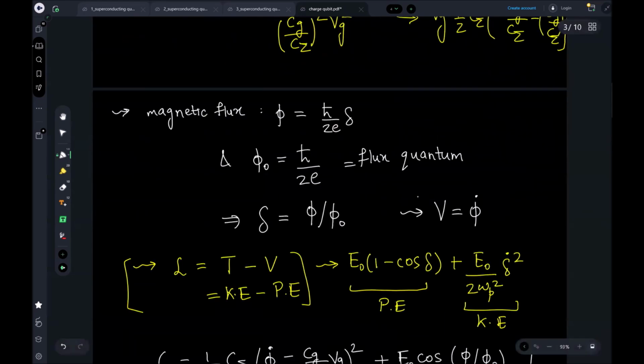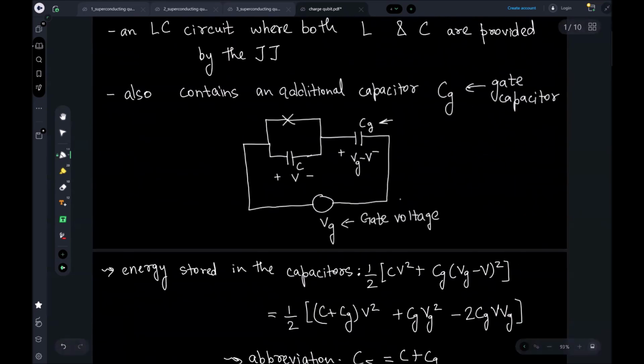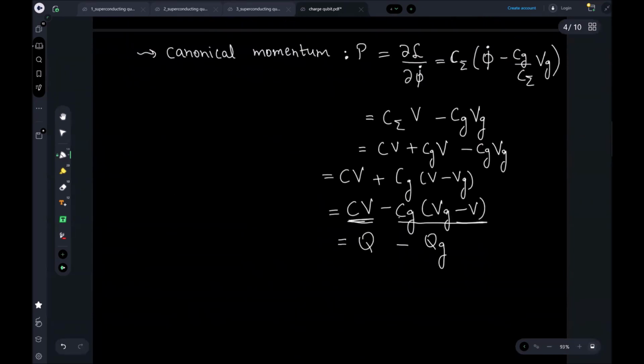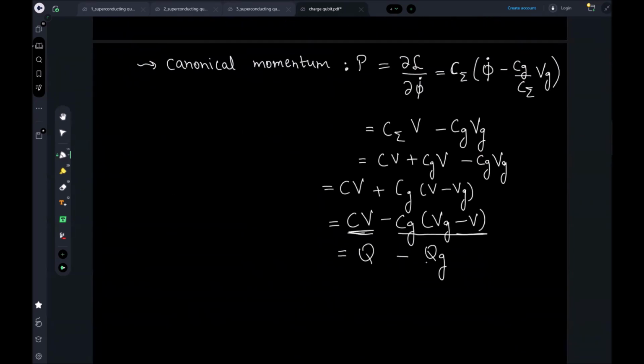And if you recall the circuit diagram which I had drawn here, if we take the difference of these two charges, Q minus QG is called the charge on the island.